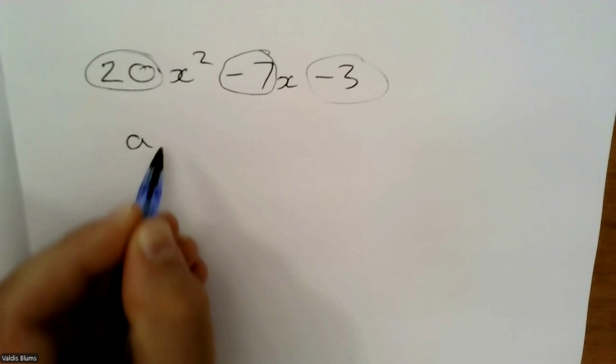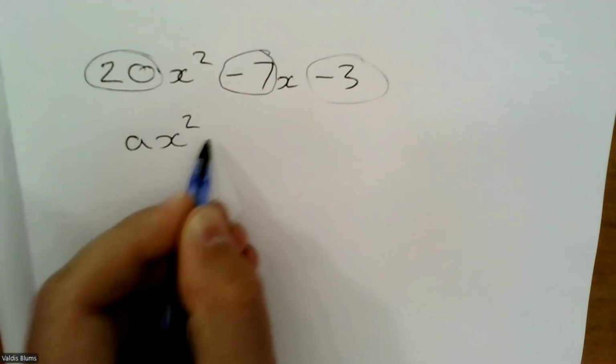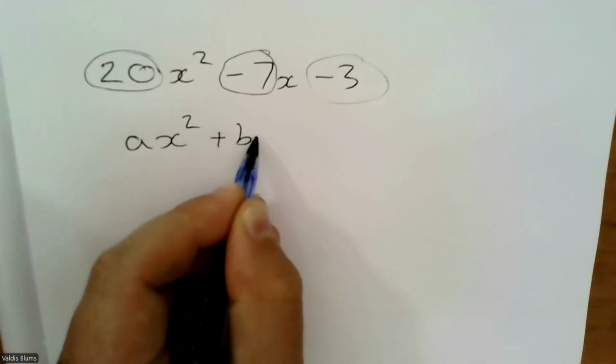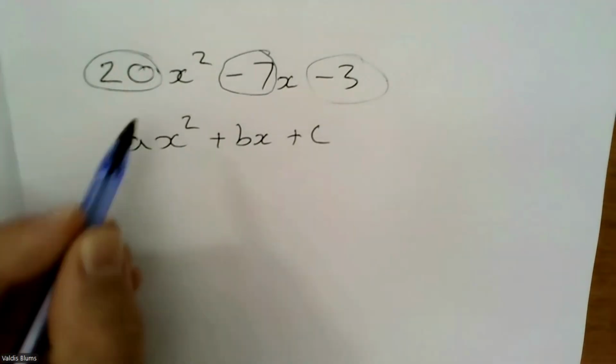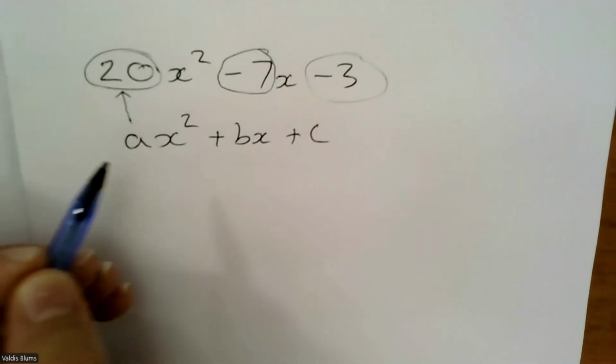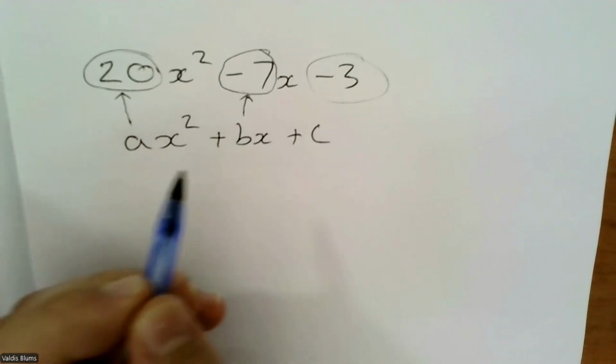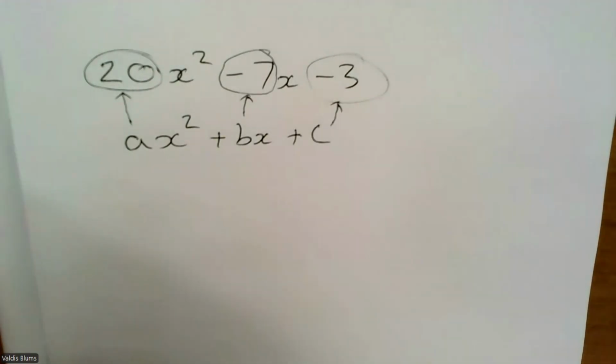And normally this quadratic is written in the form ax squared plus bx plus c. And so our A coefficient would be 20, our B coefficient would be -7, and our C coefficient would be -3.